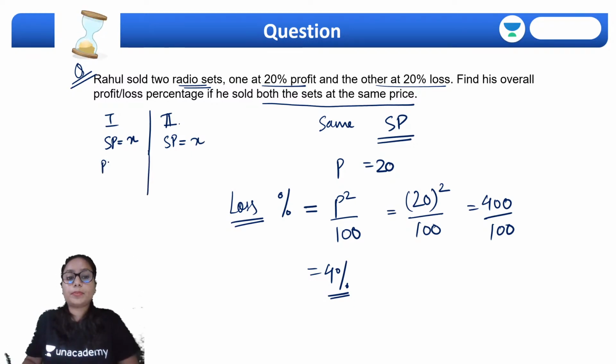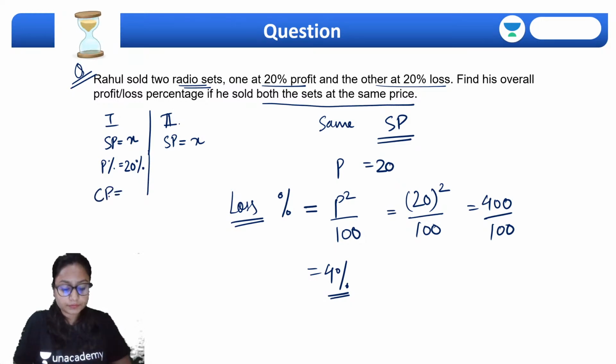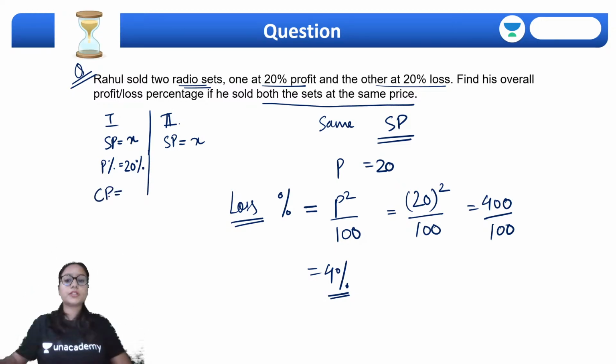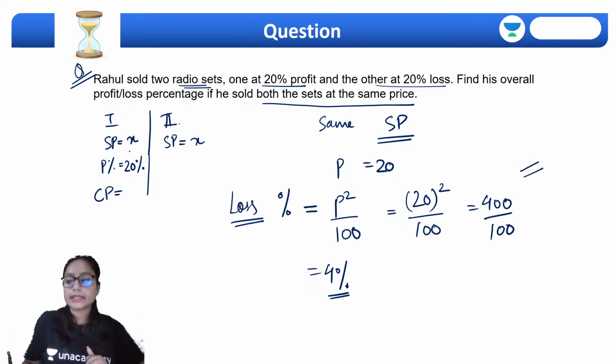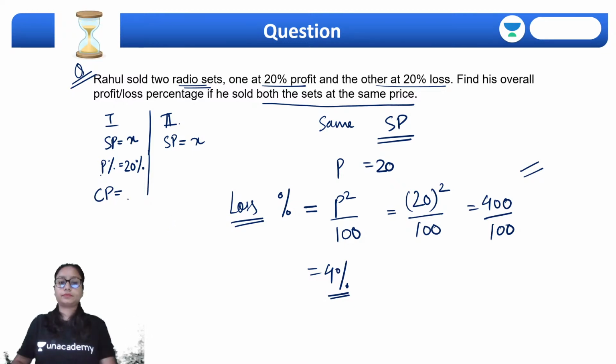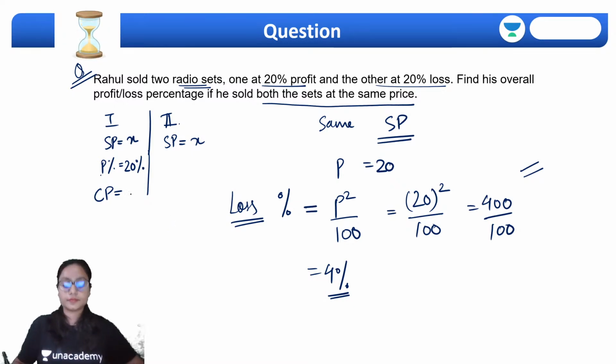Now if the profit percent is 20%, can you tell me what is the cost price? Guys, you need to solve this question using the formula method only, but just because there is one doubt, I am explaining it this way. If SP is X and profit percent is 20%, please tell me what is the cost price? Yes, correct Siddharth, very good.